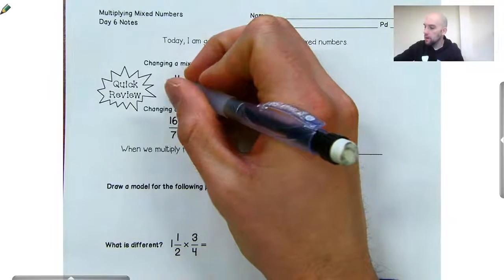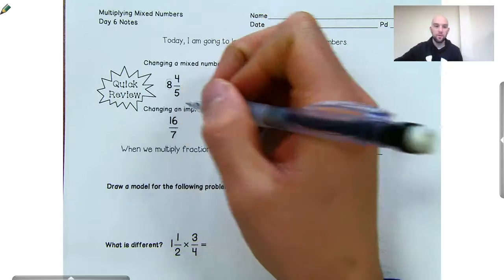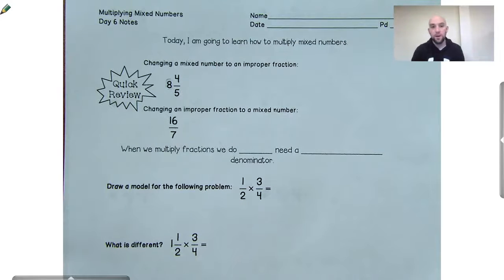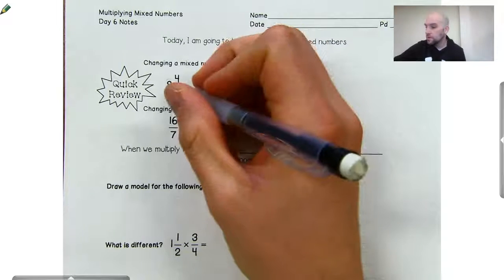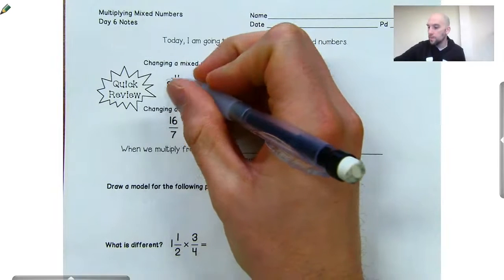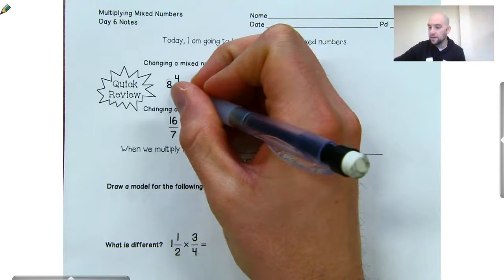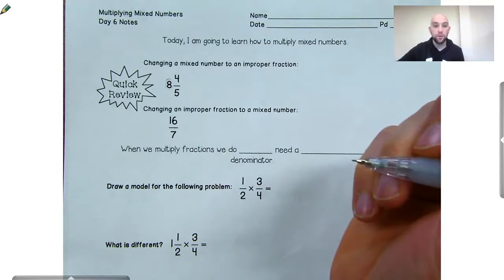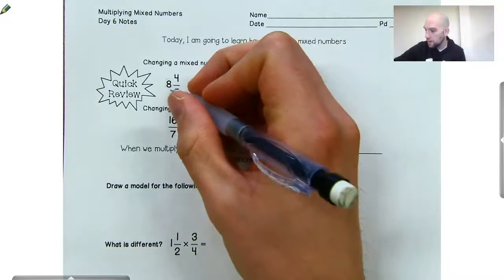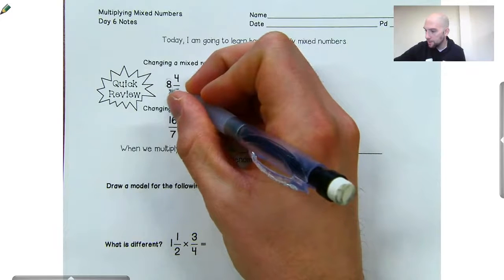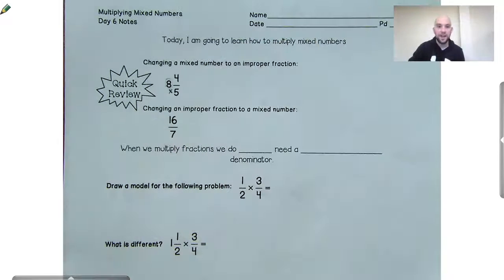But since our numerator and our denominator will be the same when a fraction is equivalent to 1, if we multiply our whole number by our denominator, we'll end up with our numerator. So I'm going to put a times sign in here between 8 and 5.